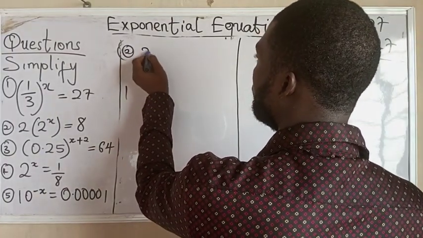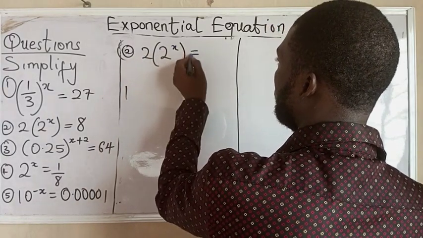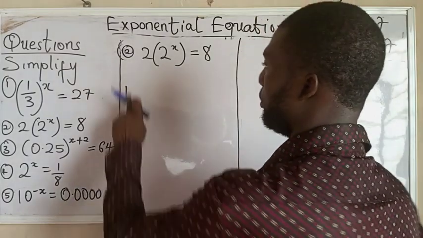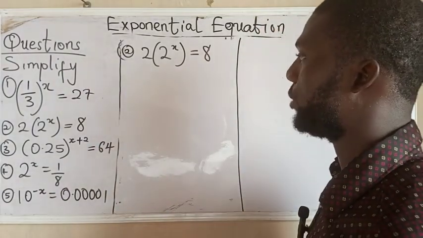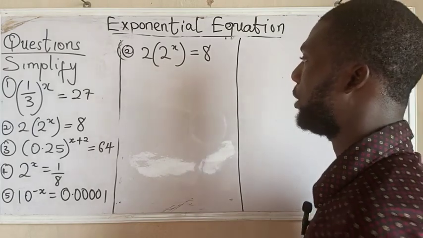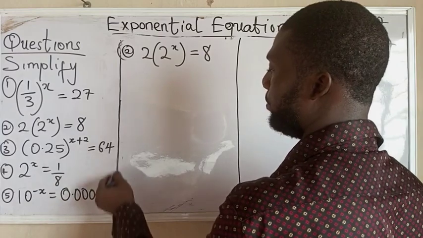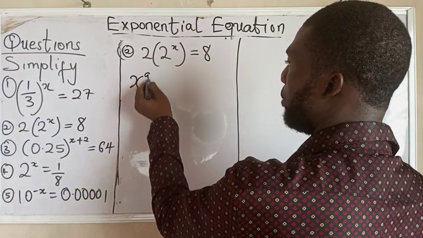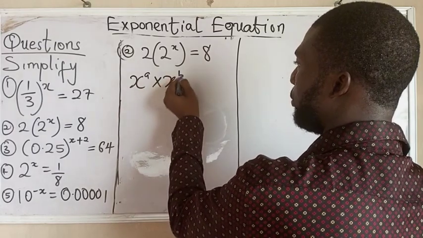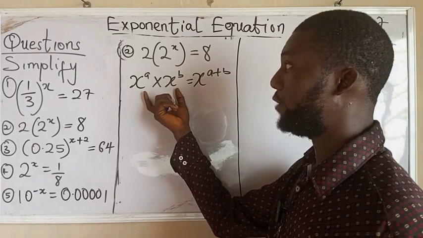We have 2 into bracket 2 raised to power x equals 8. Now, this is the same as saying that x raised to power a times x raised to power b equals x raised to power a plus b, from the laws of indices.